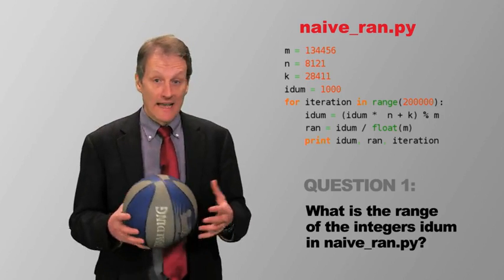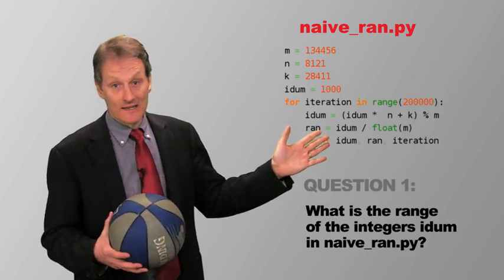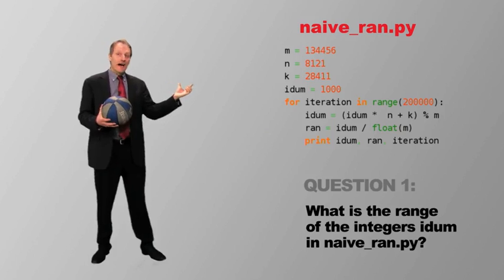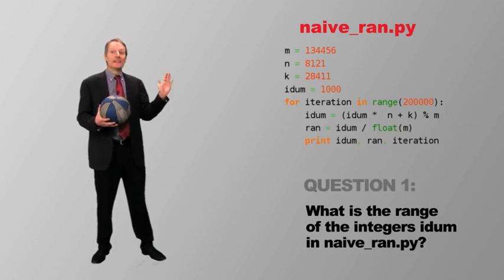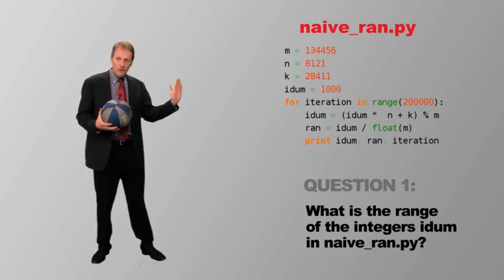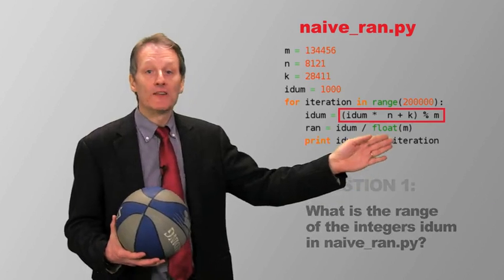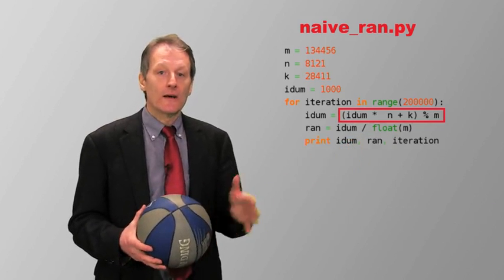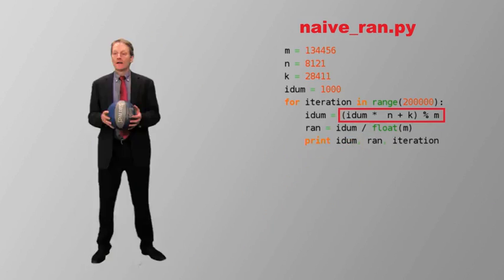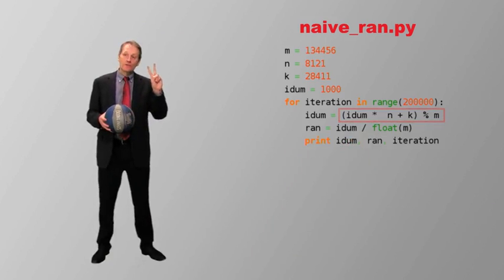Well, the answer is clearly that the integers idem are contained in the interval including 0 and m minus 1. This is done by the modulo operation, modulo m. Now, question 2.